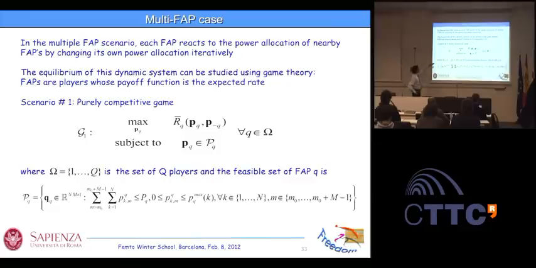This is why we formulate this problem as a game where each player Q wants to maximize its own expected rate, a Bayesian game, subject to the power constraint, which can be expressed in this form, implying, as before, that the sum of the powers is less than a certain value, non-negative powers, and so on.